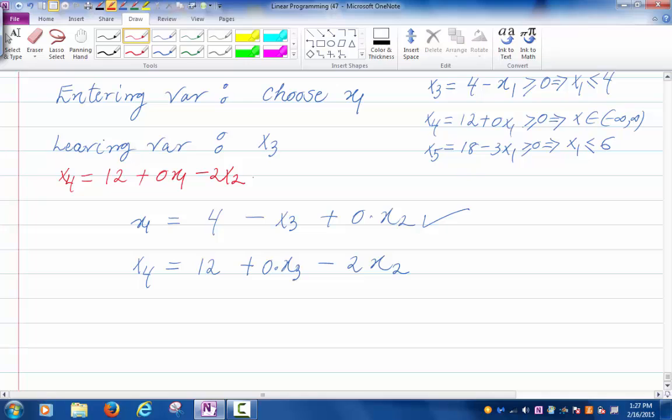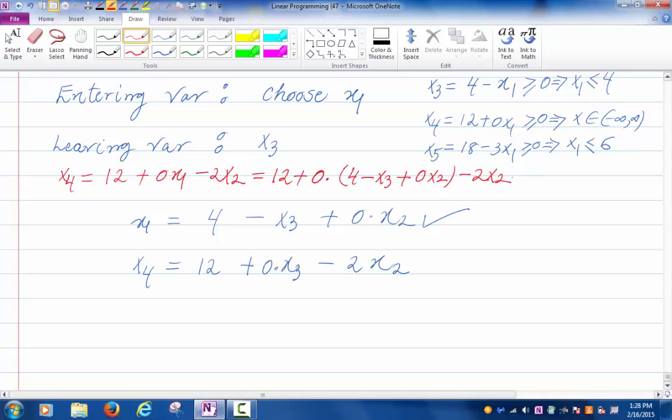That's the second equation. So what I'm saying is that you are going to replace x1 with 4 minus x3 plus 0x2, minus 2x2. You're going to replace x1 by that. Is it clear?